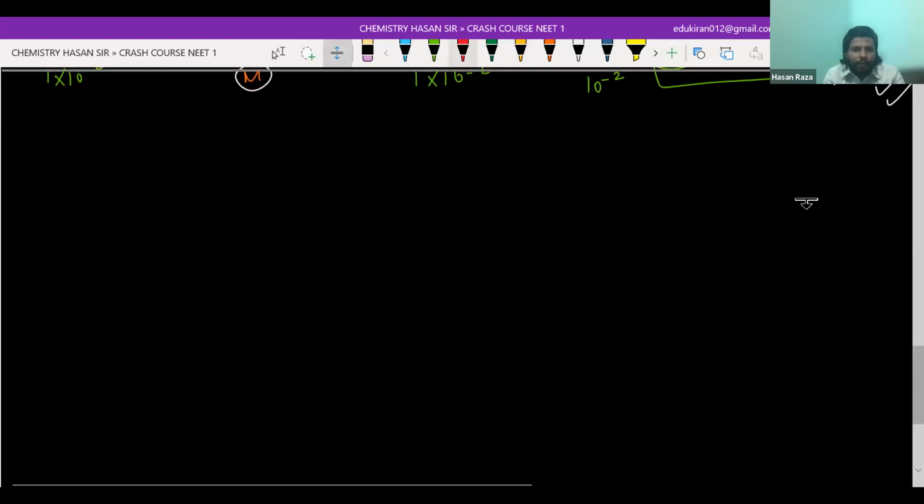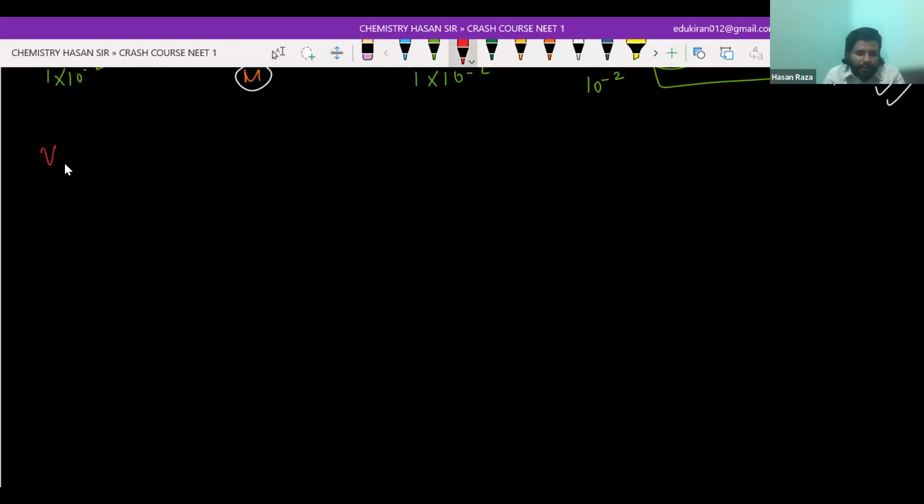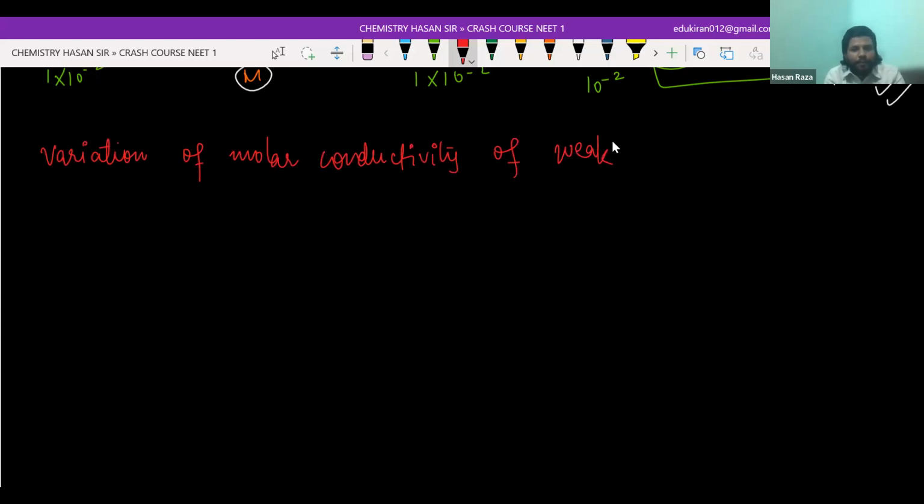Now we are moving to the next topic, that is variation of molar conductivity of a weak and a strong electrolyte with concentration or dilution.